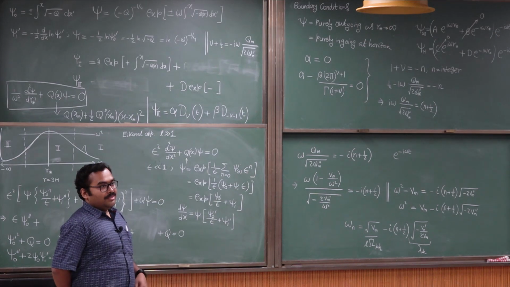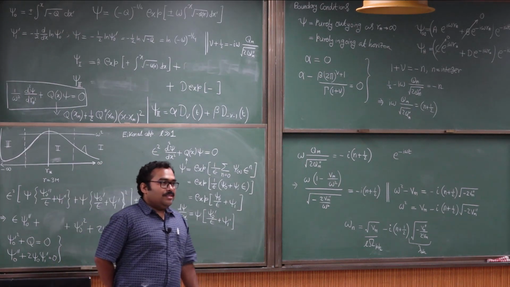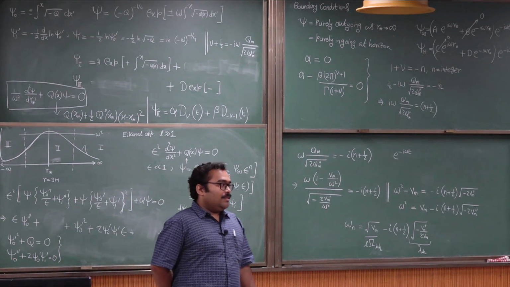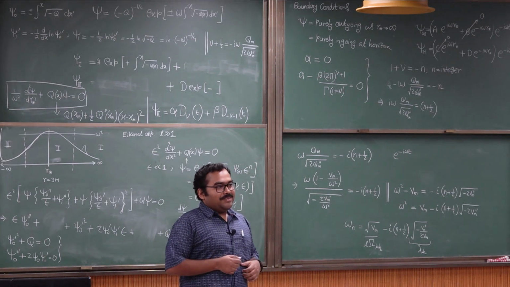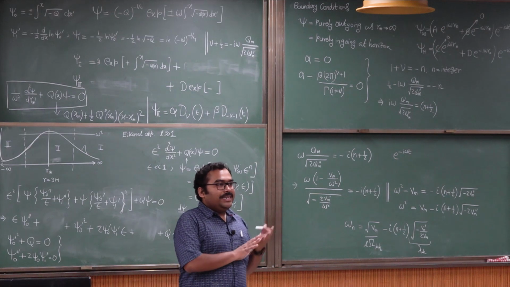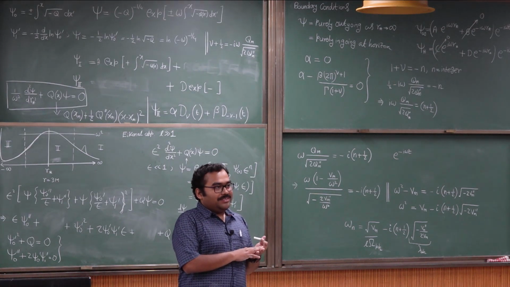The symmetry you are talking about is with respect to exponentials in 1 and 2. That doesn't hold for the D, but that's just the boundary condition. But yeah, that's true. So D does not have that symmetry.